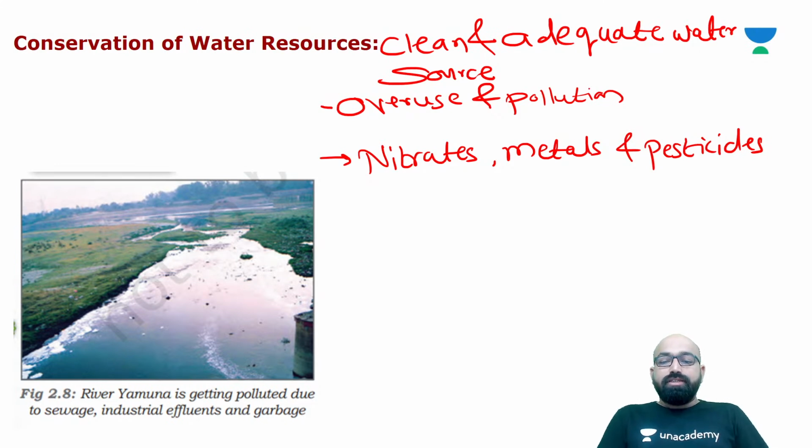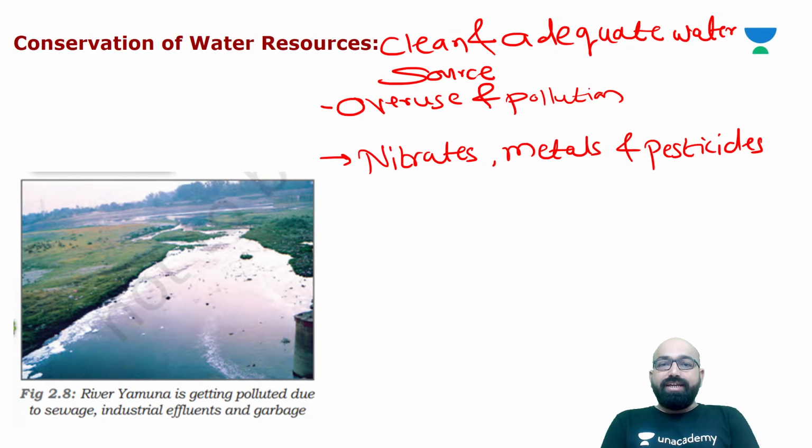Now, the canals used for irrigating fields should be properly leveled or lined to minimize losses by water seepage. Sprinklers effectively irrigate the area by checking water losses through seepage and evaporation.